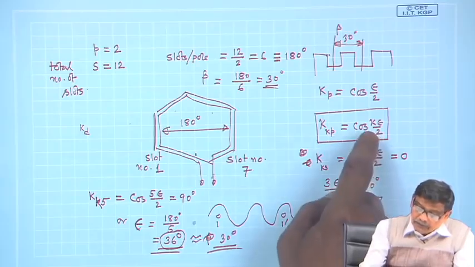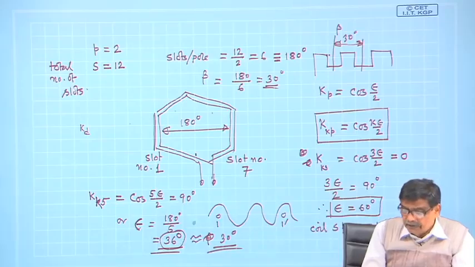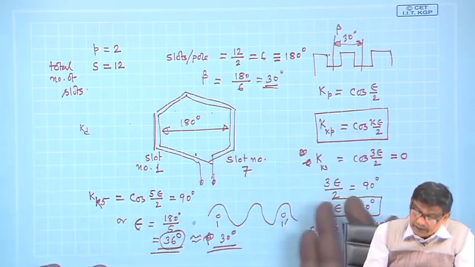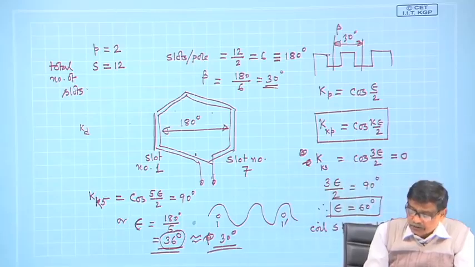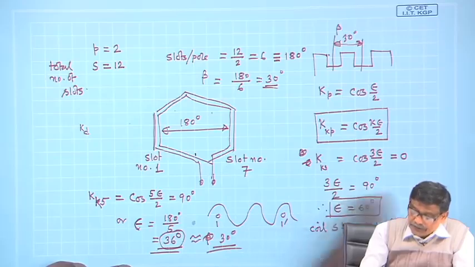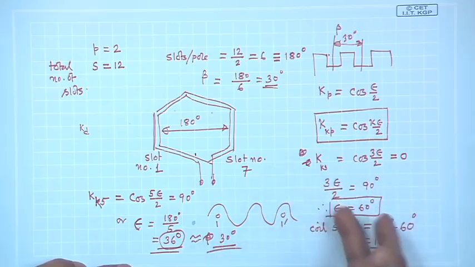So, I then try to say perhaps third harmonic voltage I want to reduce to 0. In this case I am lucky, if it is third harmonic you want to remove, I will immediately say cosine 3 epsilon by 2 is 0, 90 degree, and it so happens epsilon is 60 degree. So, by 2 slots, an integral multiple of 30 degree, is very much clear.